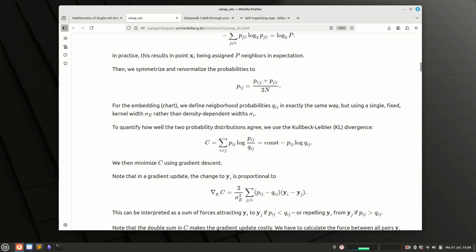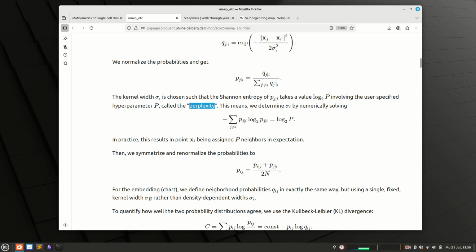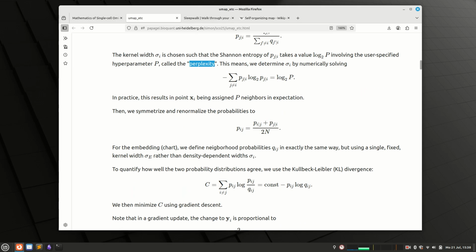And then this thing will have the same value if you swap j and i, so we don't need to symmetrize anymore. In this way, we get a new set of probabilities, if you want to call them probabilities, which we call qij.